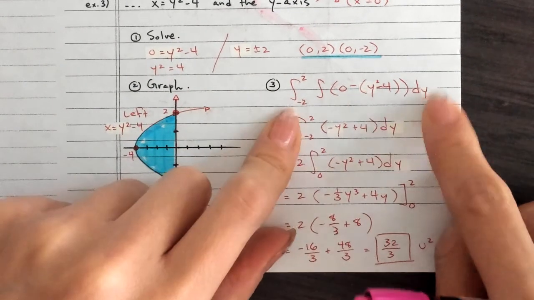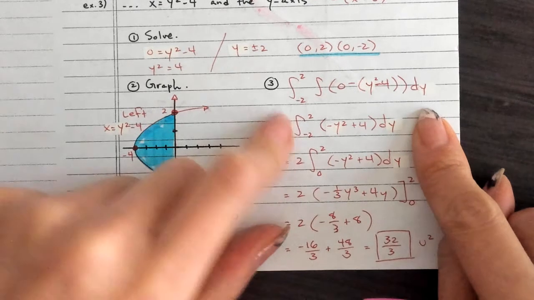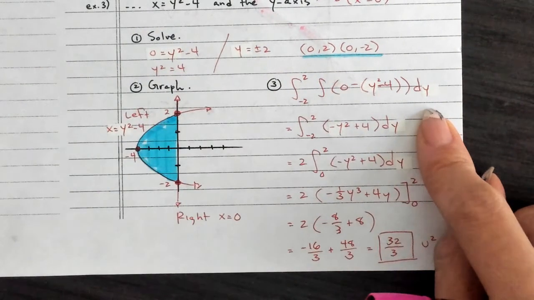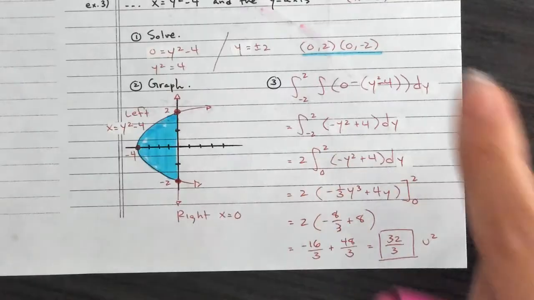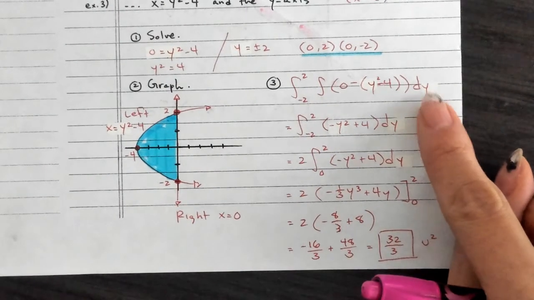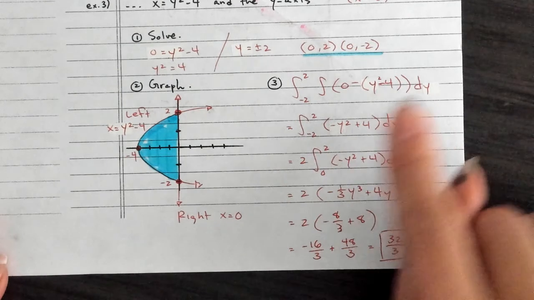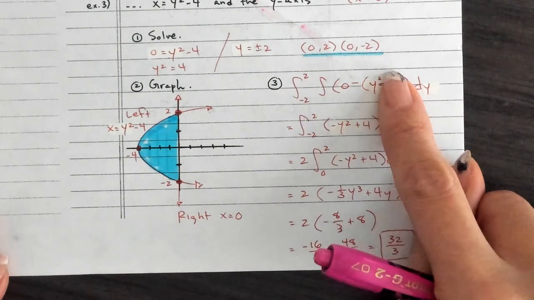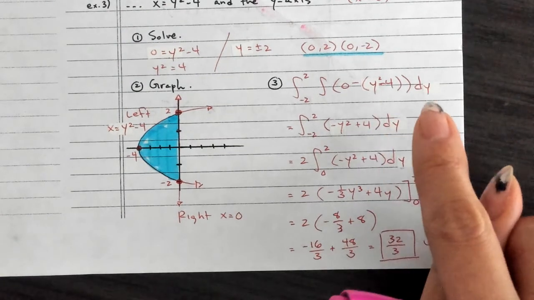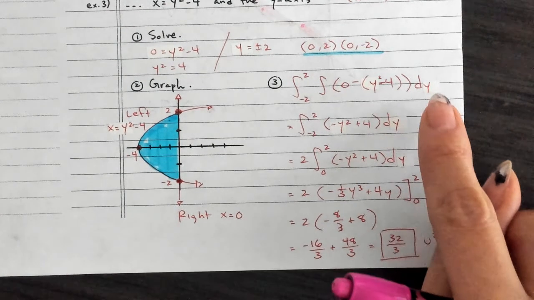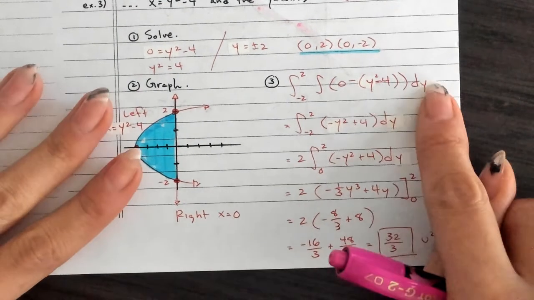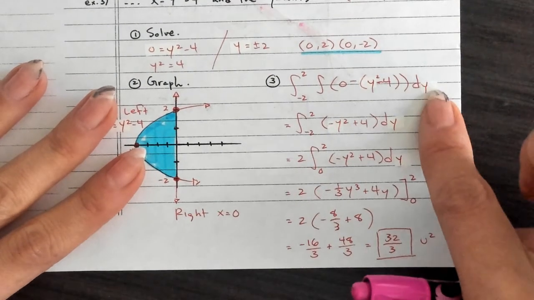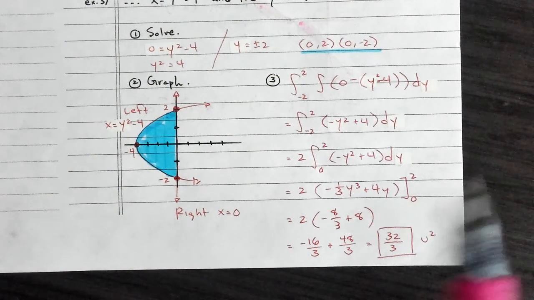You have to say this is in terms of Y. But to get the answer on a calculator, you would just do it normally using the X. And you would lie to the calculator and say, oh, I'm in terms of X. So I'm going to put, you know, -2 to 2, and I'm just going to put an X squared and then an X over here. So you would be a big fat liar, but that's okay. All right. So on a calculator, you put X's, but on your paper, it has to be in terms of Y.